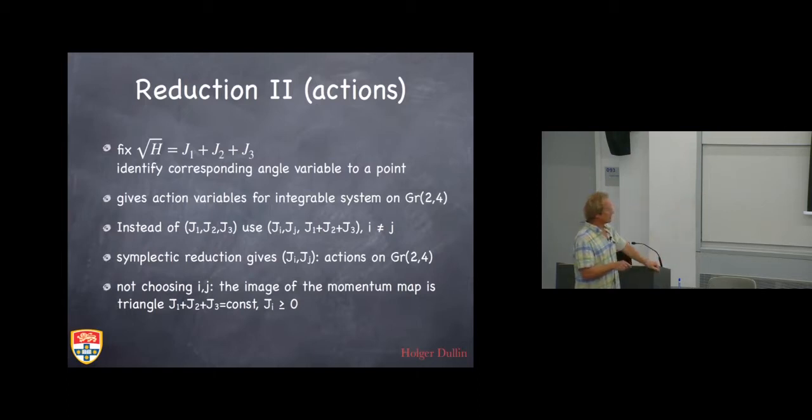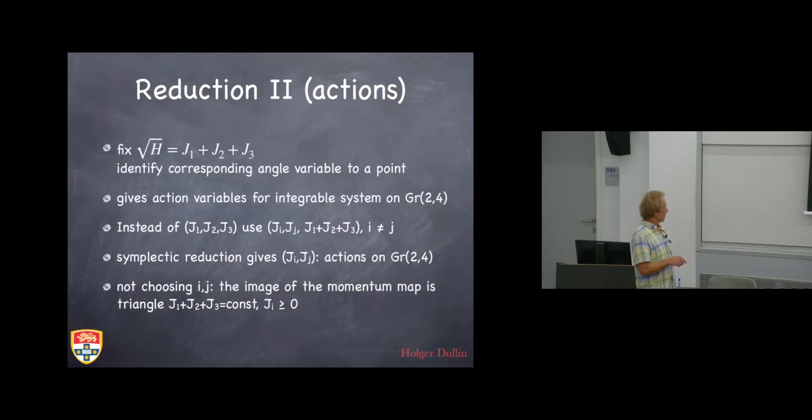And then we get action variables for this reduced integrable system. So instead of J1, J2, J3, pick any two and the sum. That's a unimodular transformation. And then you do the reduction, and that just gives you J_i, J_j for any i, j that you picked. And now we have action variables on the reduced system.